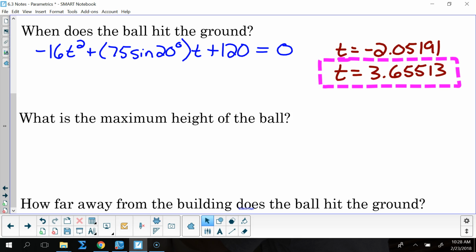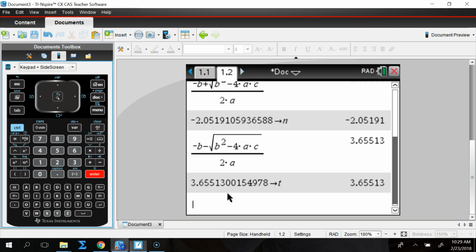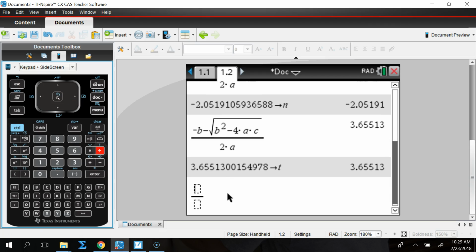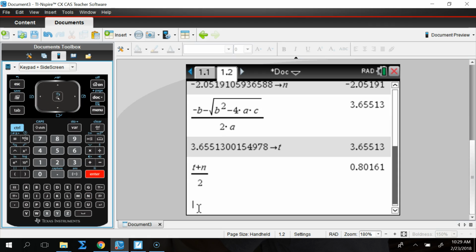So the time value that we get when the ball is at its maximum height is going to be the average of, in my case, T and N. And I'm going to divide that by 2. And that's going to give me 0.80161 seconds.